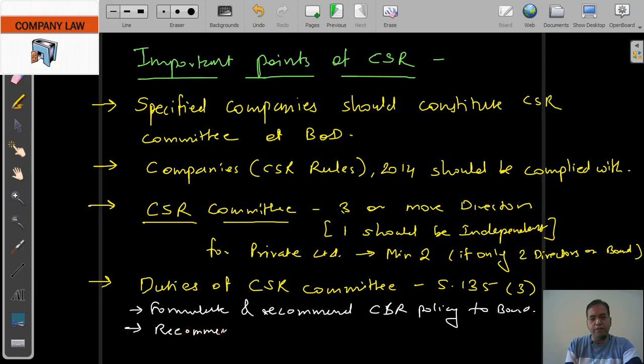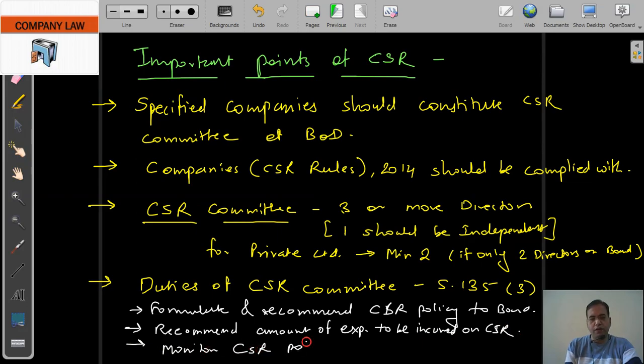Recommend the amount of expenditure to be incurred on CSR. Monitor the CSR policy. These are some of the duties of the CSR committee.